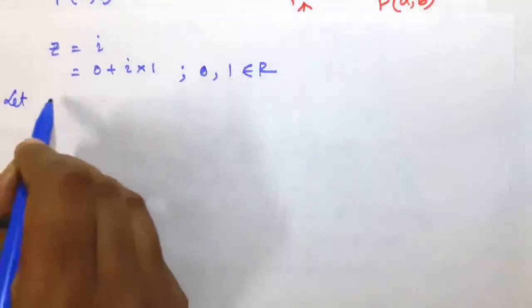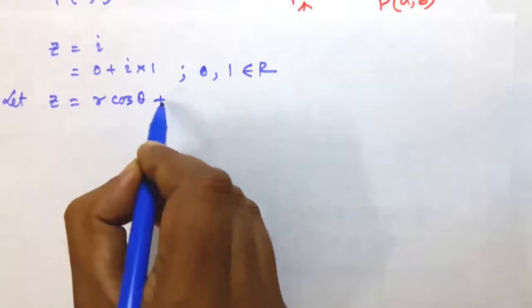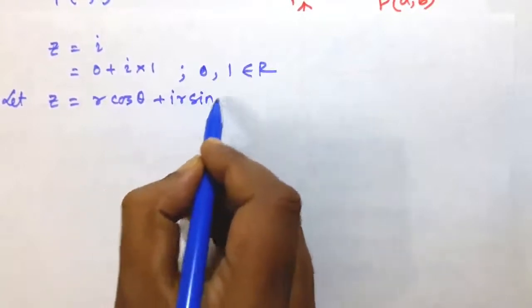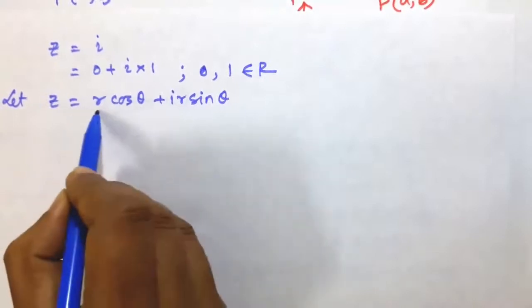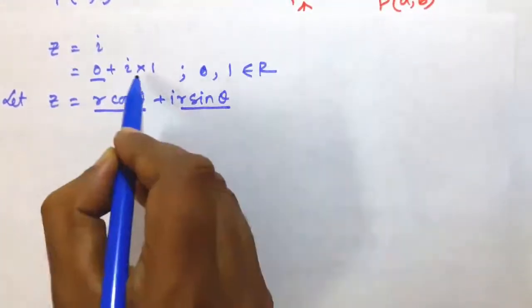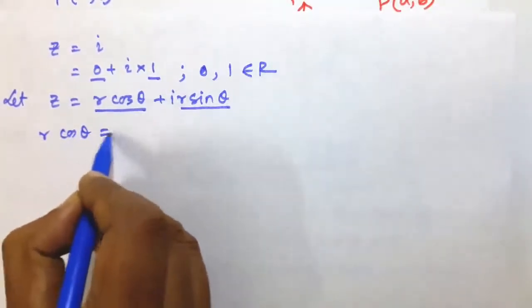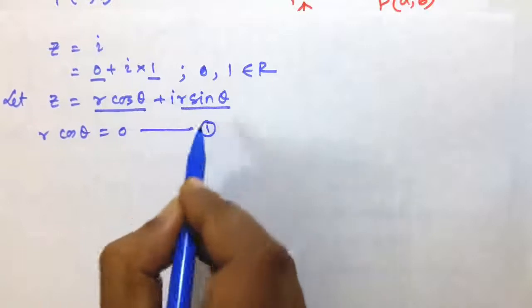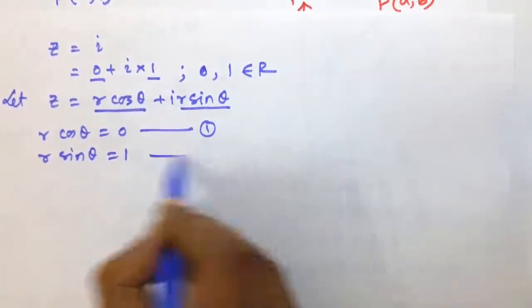Let z is equal to r cos theta plus ir sin theta. Now compare this one and that one. We find r cos theta is equal to 0 and r sin theta is equal to 1.